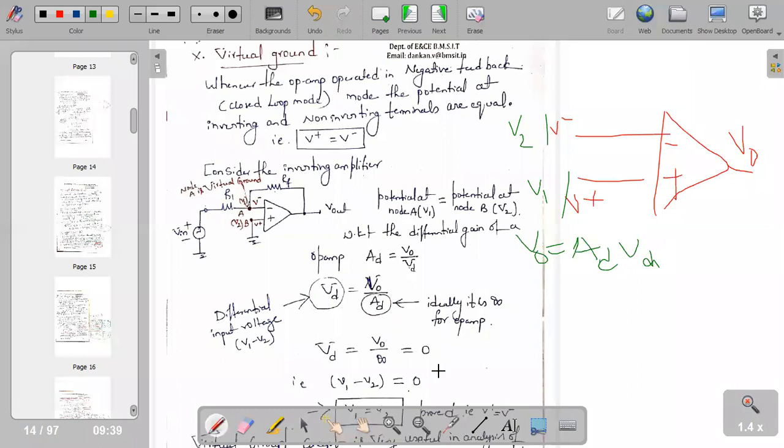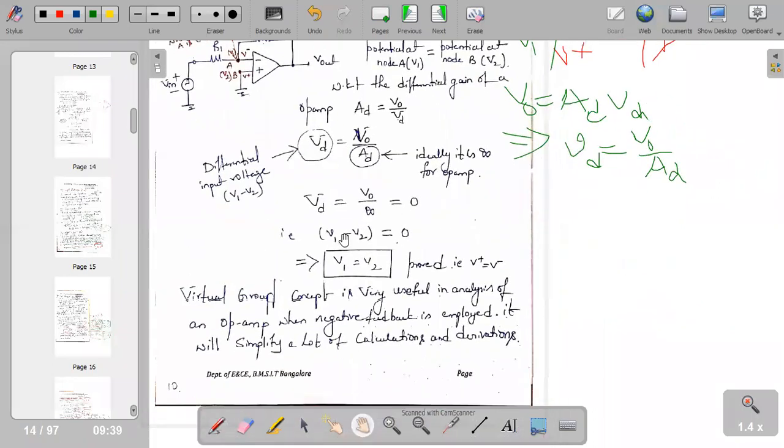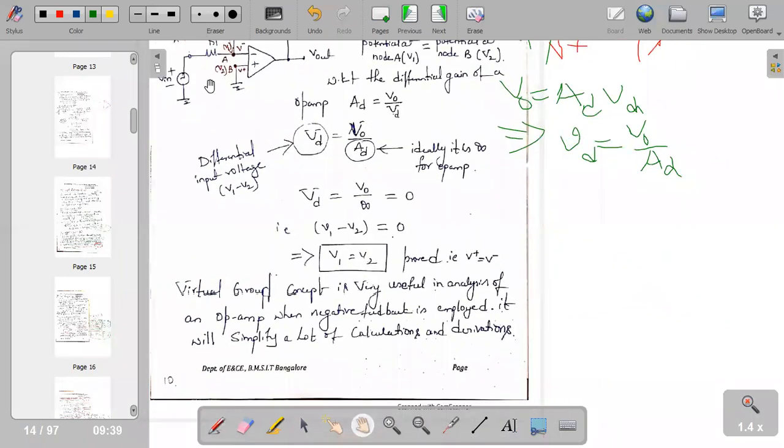It is the difference of the input voltages, that is V plus minus V minus. From this equation, we can write VD is equal to the output voltage V naught divided by the differential gain AD.